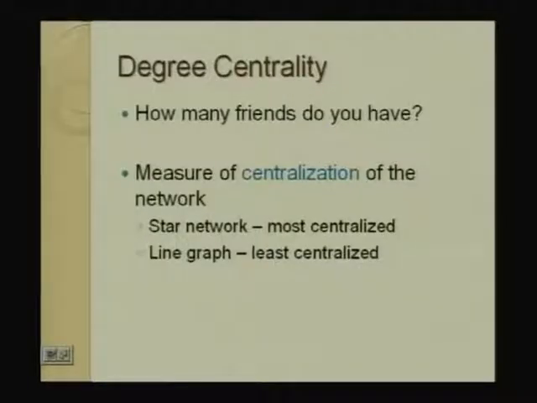A government can be highly centralized, highly decentralized, or somewhere in between. Similarly, we can talk of networks being highly centralized or highly decentralized. So degree can give you an idea of centralization. Here are two examples. Think of a star network. You know how a star network looks, right? Suppose there are n nodes in a star network. What will the degree distribution be like? Tell me how many nodes will have what degrees?